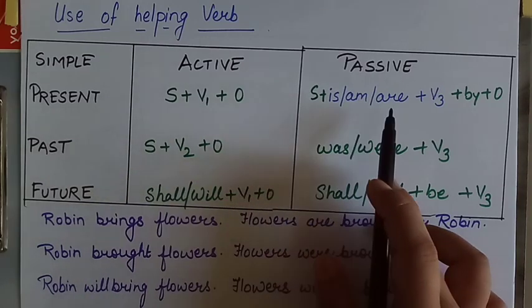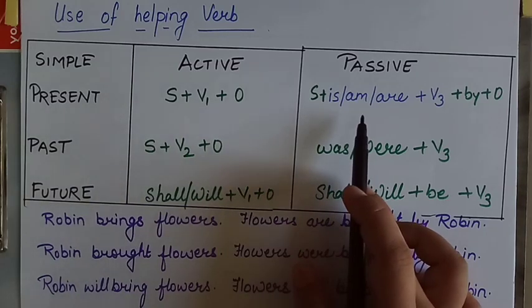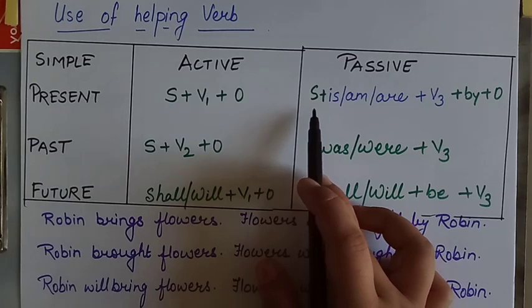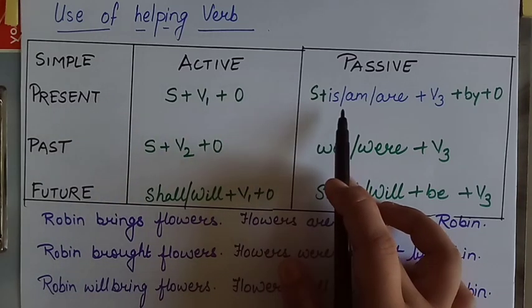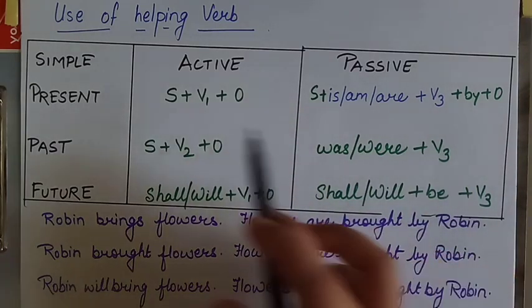So when we change such sentences into passive, the object will change into the subject. By plus object will remain the same.